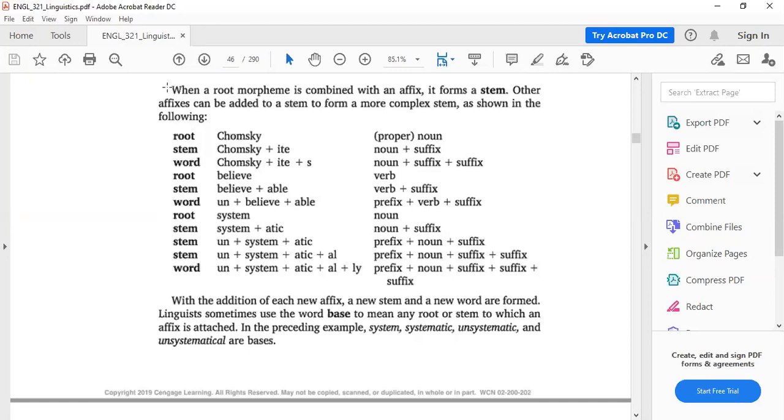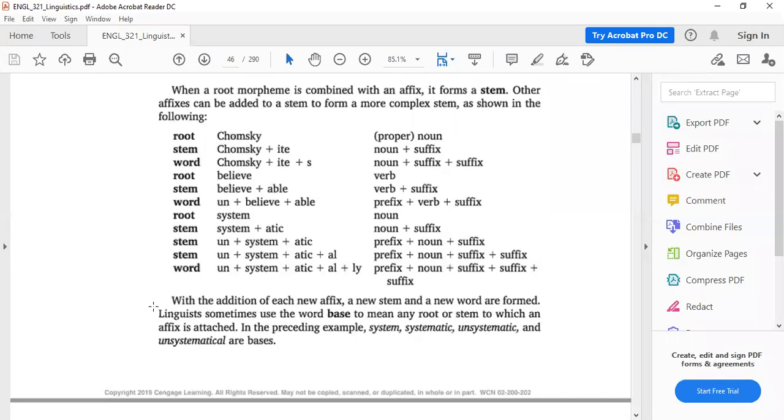System is a root, so system is a word, systematic is a word, unsystematic is a word, unsystematical is a word, unsystematically is a word. But the difference between them is that system is a root and systematic is a root plus a suffix, and unsystematic is a prefix and a root and a suffix.